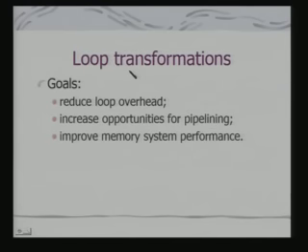First, we shall look at loop transformations. That means, whenever there is a loop, whether I can change these loops. The basic objective of loop transformation is to reduce loop overhead, increase opportunities for pipelining and improve memory system performance. Because if I can reorganize the loops, all these advantages can become apparent. If these advantages become apparent, what is the consequence? If I can reduce loop overhead, the time required for execution of a loop at a node will be less with respect to an architecture mapping.